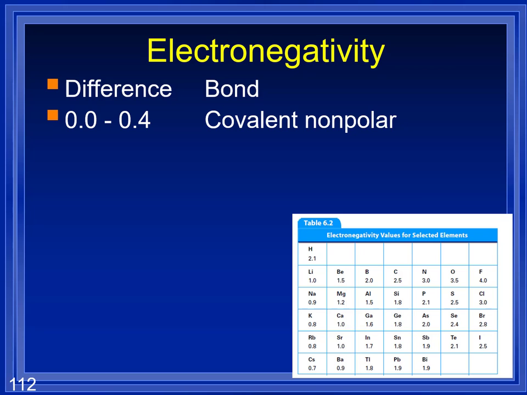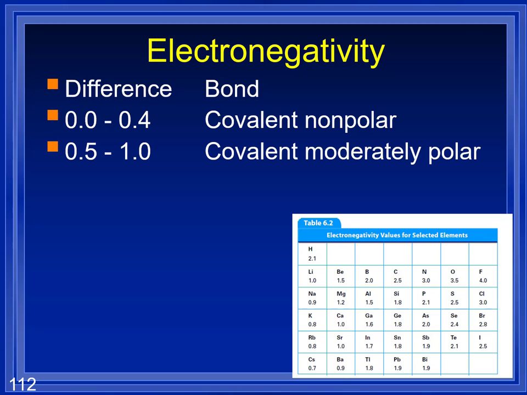As that difference gets bigger, one atom is going to be pulling the electrons more than the other. And just like me and my little brother, if we're going to share that, I'll keep it in my room. Right? So if I get 0.5 to 1, I get a little bit polar. 1 to 2, more polar.